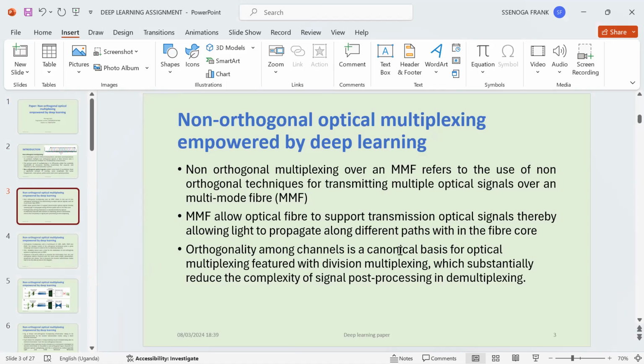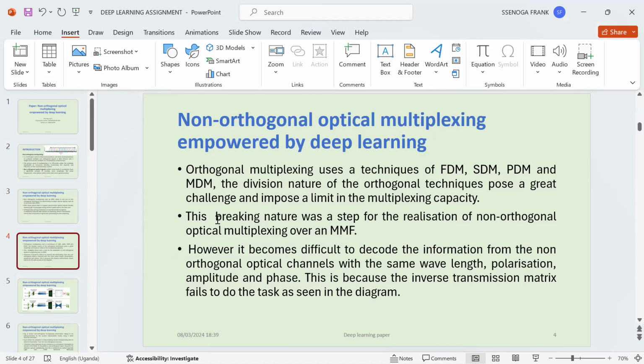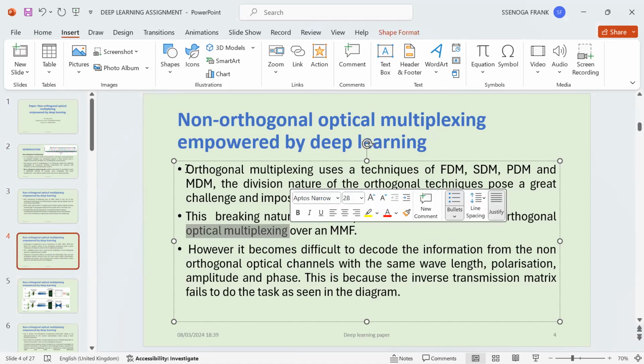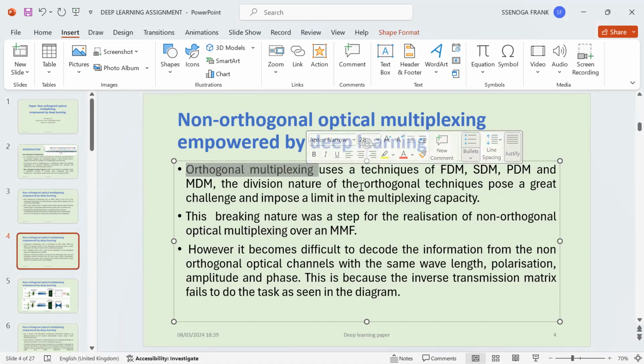These problems are the division mechanisms, or the breaking nature of the orthogonal signals, that brought about the invasion of the non-orthogonal optical multiplexing, because this one had the problem of the dividing. As you can see, optical multiplexing uses techniques of frequency multiplexing, SDM, FDM, and so on.